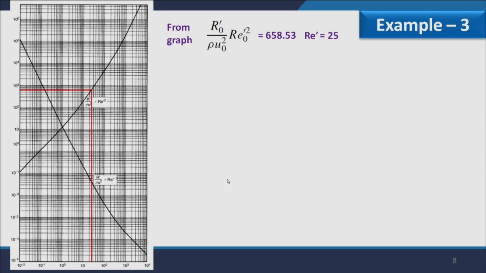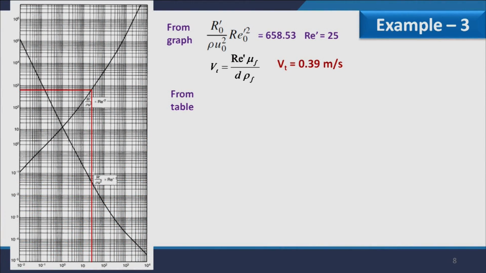When we do this, Reynolds number, that is Re dash, comes as 25. Now for this Reynolds number, we can calculate the terminal settling velocity of the particle, which is coming as 0.39 meter per second. So this is one way of computing the terminal settling velocity of the particle.